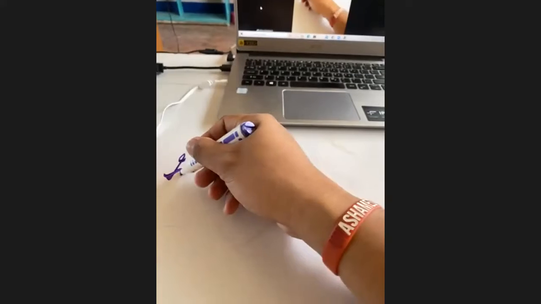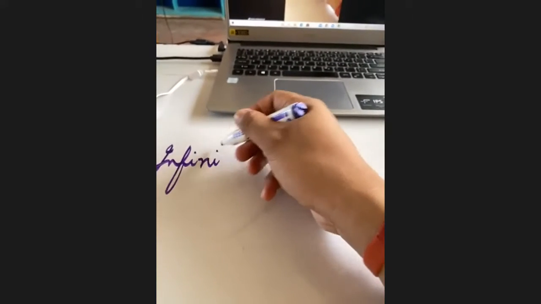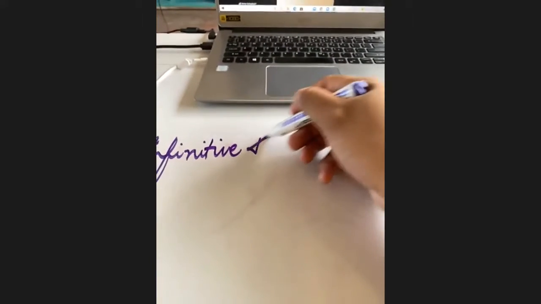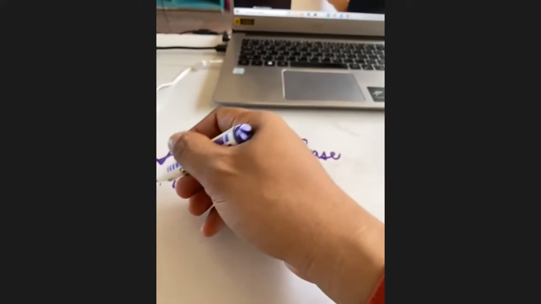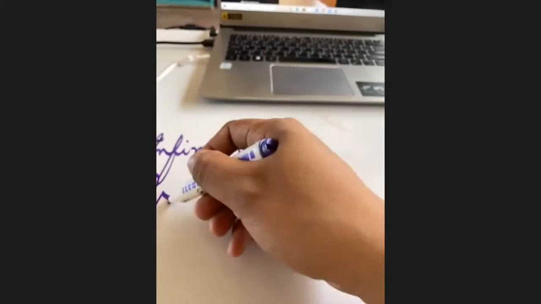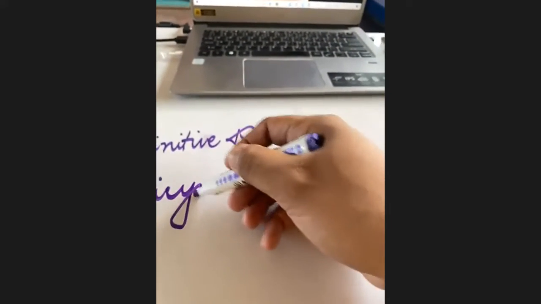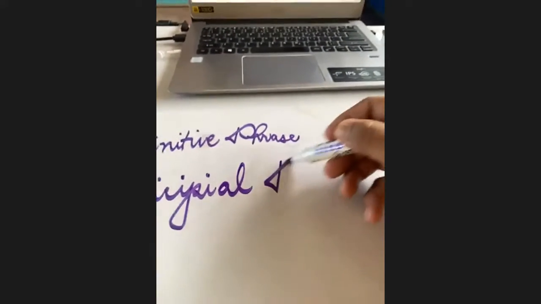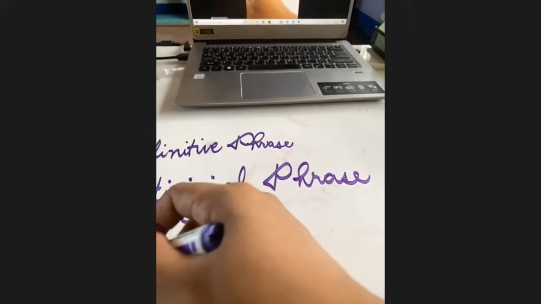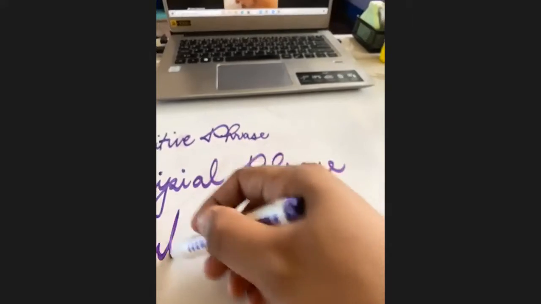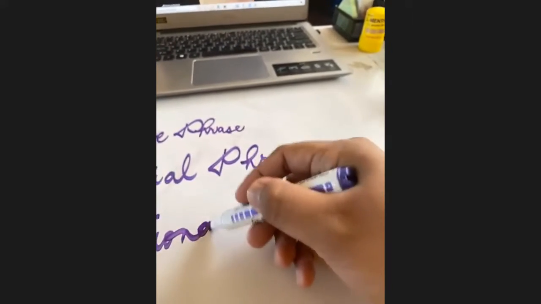We now proceed with phrase adjectives. Phrase adjectives can be of three types. We have the infinitive phrase, we also have the participial phrase, and we have the prepositional phrase.